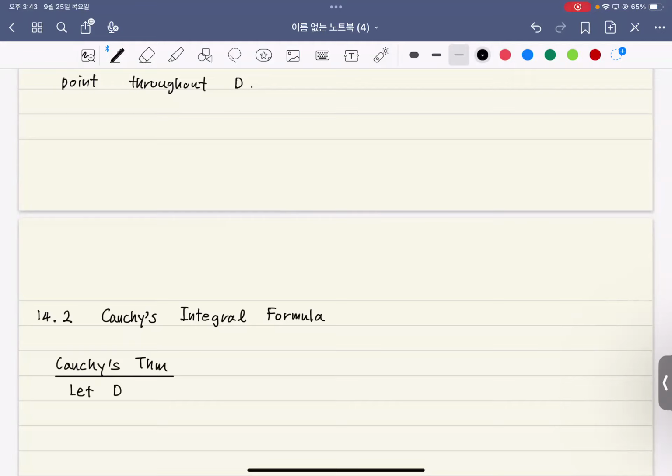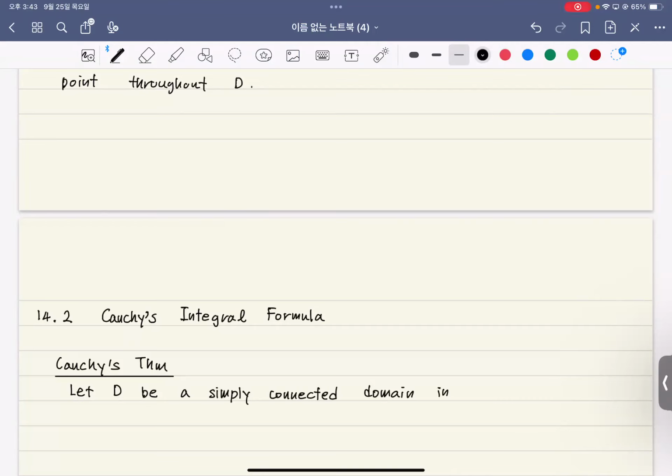I have a set D, a connected and open subset, in other words a domain. And I assume that D is a simply connected domain. This is a very crucial condition.